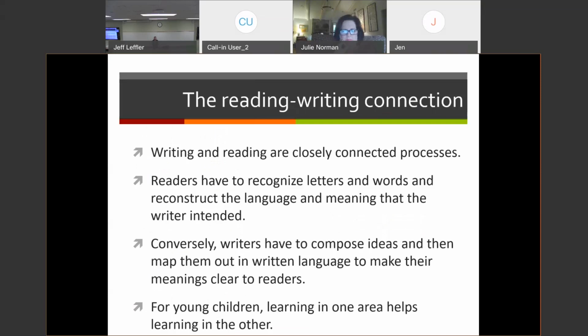And again, reading and writing are these closely connected processes. Readers have to recognize letters and words and reconstruct language and meaning. Writers have to compose ideas and then map out that language so that readers can make sense of it. And for young children, learning in one area always helps learning in the other area.